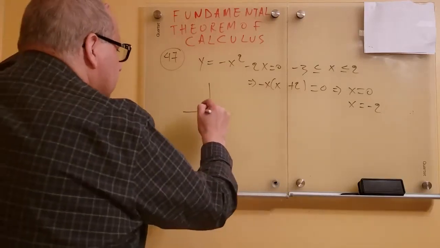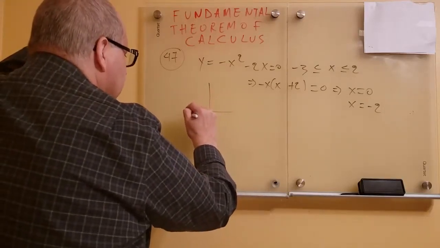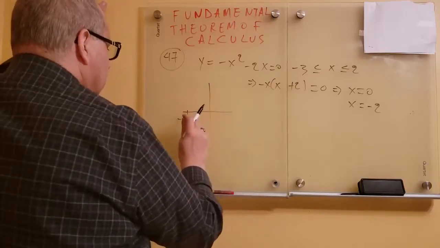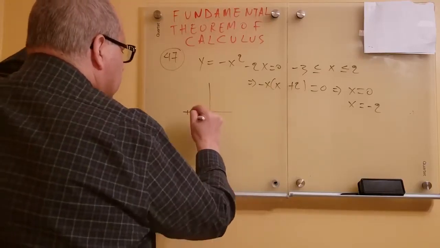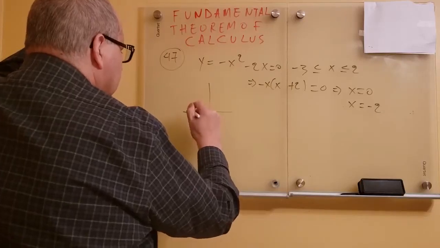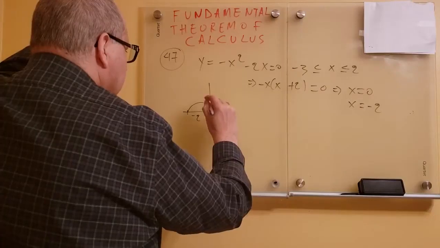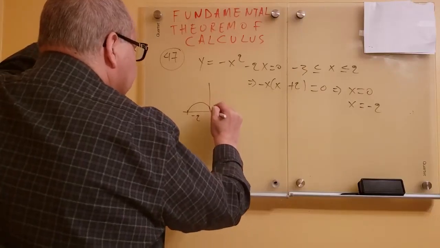So this graph will look approximately like this, let's say this here is -2. So the graph will go like this, passing through the origin.